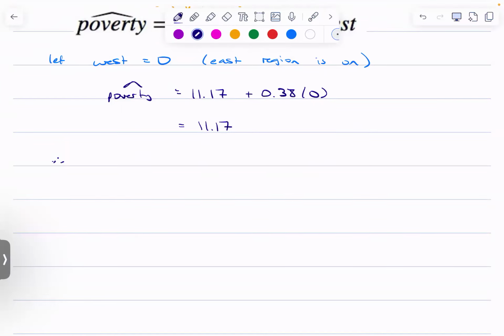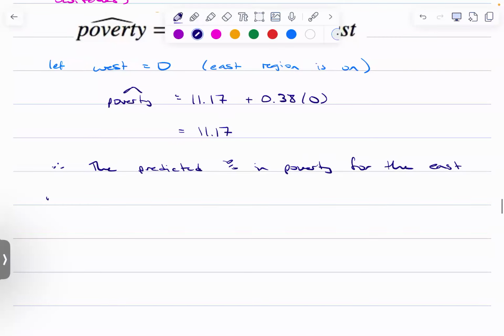Therefore, the predicted percent in poverty for the East region is 11.17%, because it's percentage in poverty.